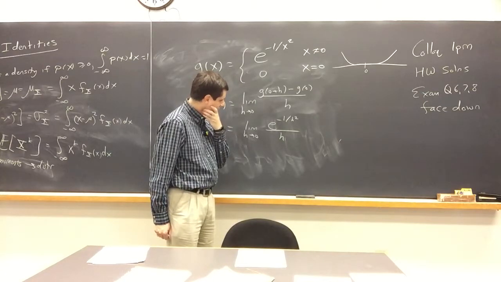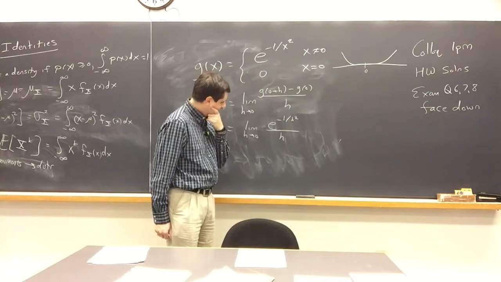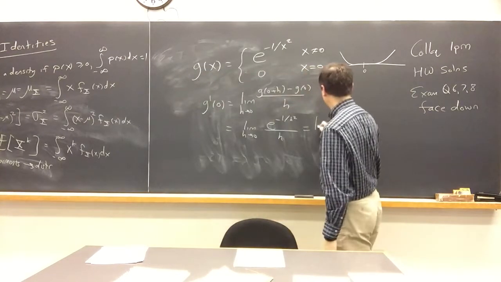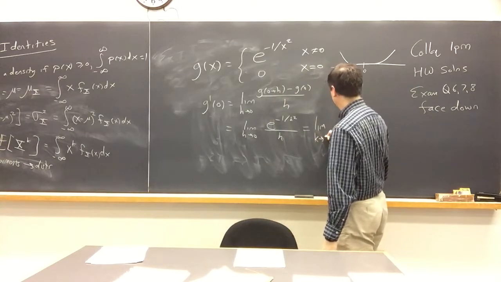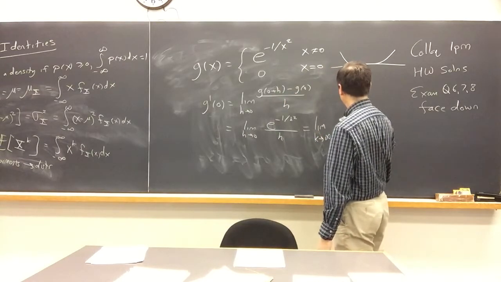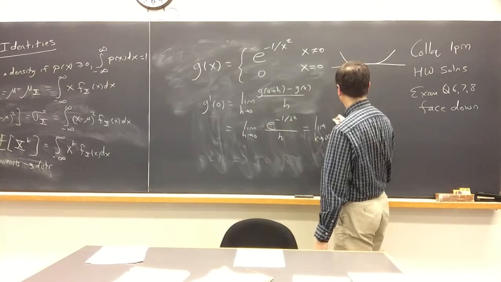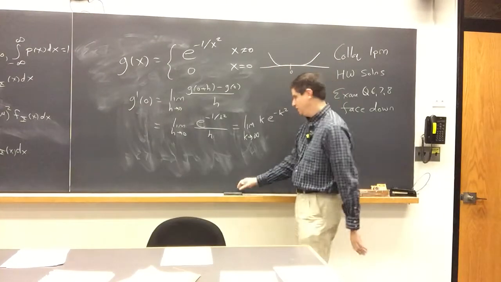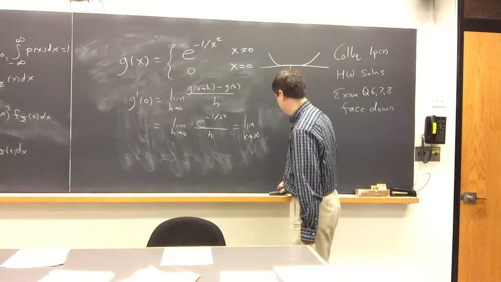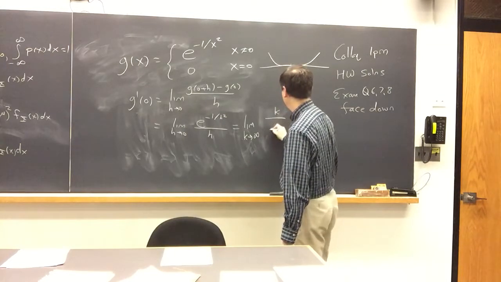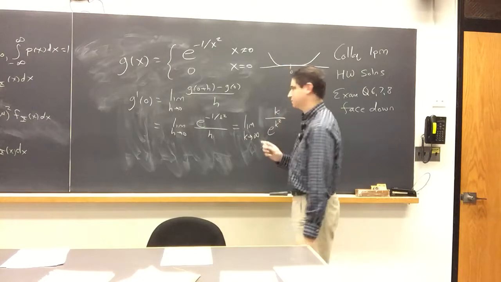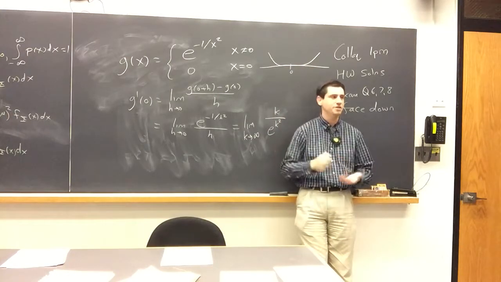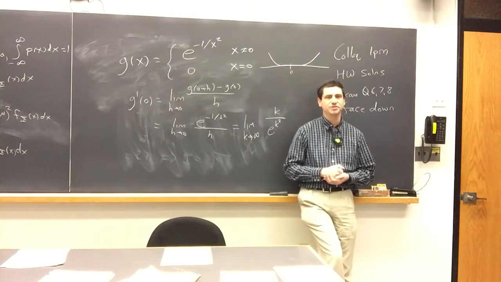When you want to calculate this, there are several ways you could do it. What I'm going to first do is say that this is the same as the limit as k goes to infinity of e to the negative k squared times k, where I'm just letting k be 1 over h. Since this is an e to the negative, I can put that downstairs, and this is just k over e to the k squared. It's the same limit. I'm just doing L'Hopital at infinity rather than L'Hopital at 0. It just looks a little bit nicer and easier for me.